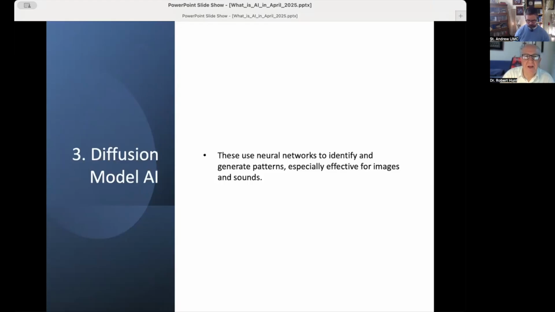This takes a little longer, but it can create much more exact images and much better images. We'll look at some diffusion model images later. But the same thing is true of music. It can create music by diffusion.